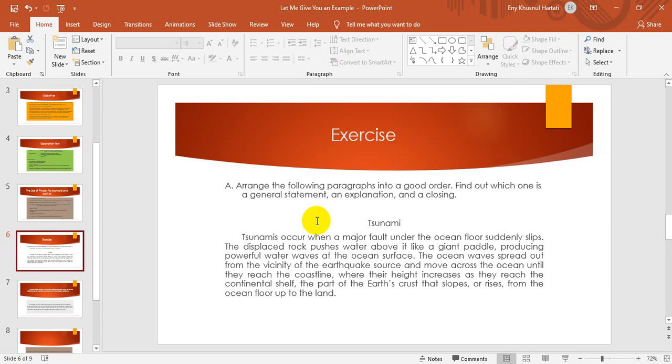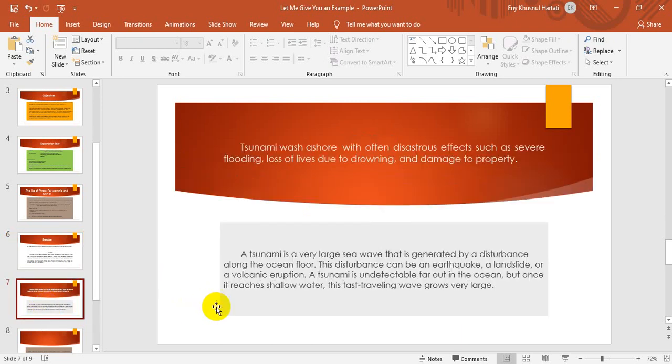You should arrange the text, yeah, into a good order, and then find out which one is a general statement, an explanation, and then a closing. Okay, there are 3 paragraphs, and then you should order them into the correct text.